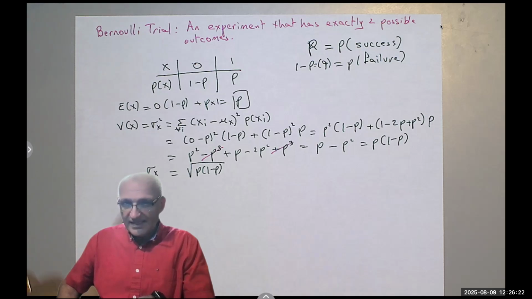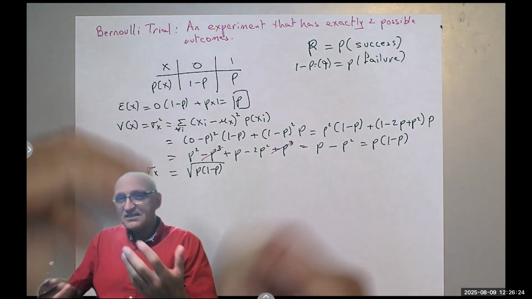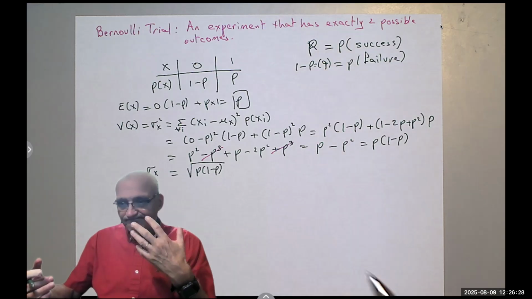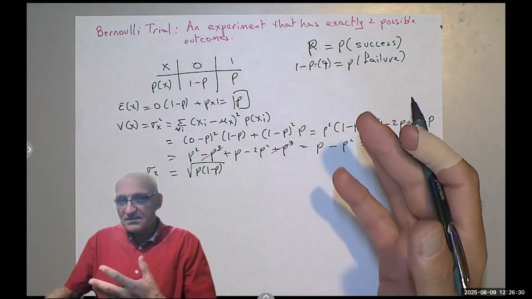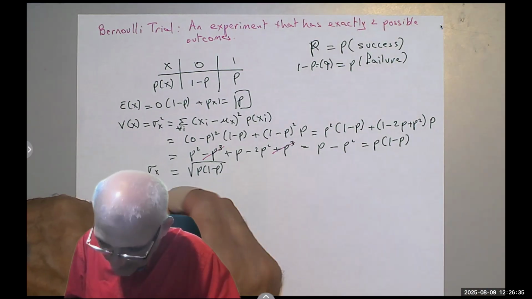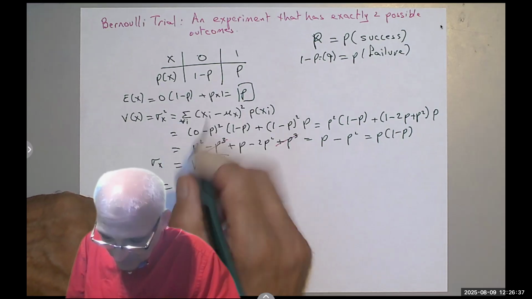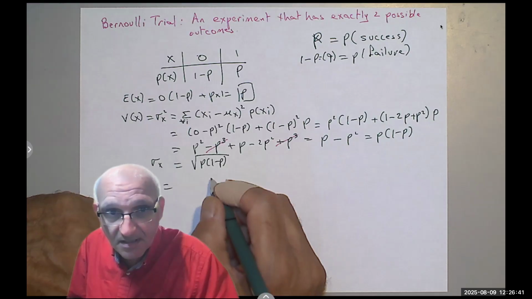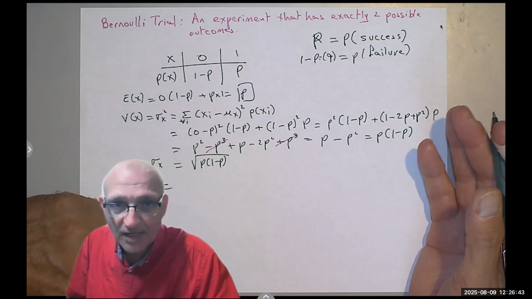I will go back and try to make sense of these theoretical things, so to speak. But let's first do it the other way. Remember, we said we take the summation of x squared times p minus the mean squared.